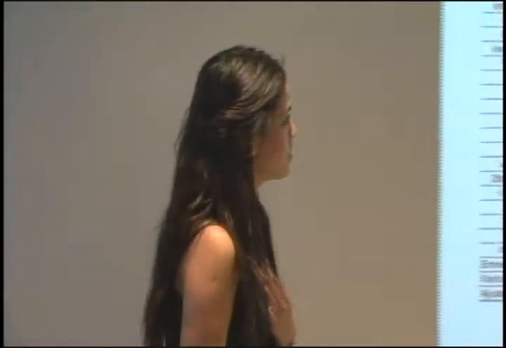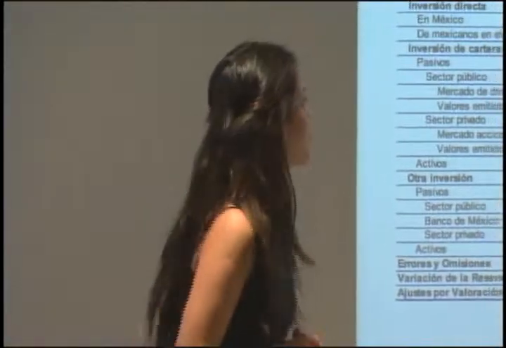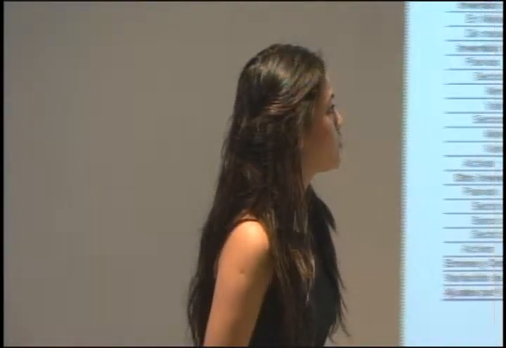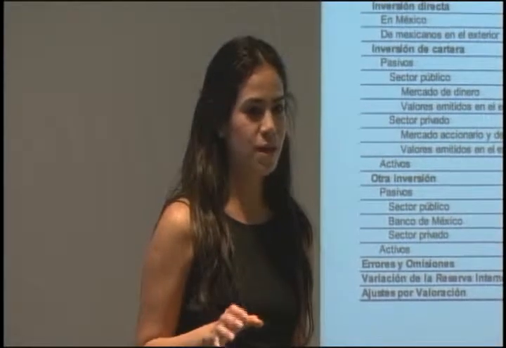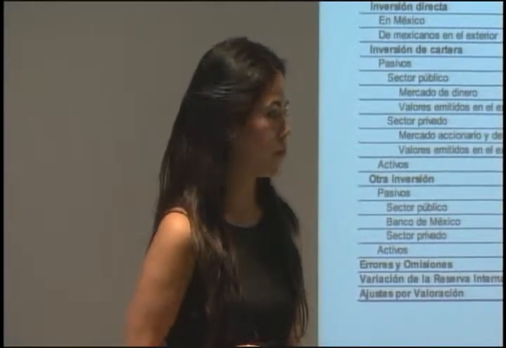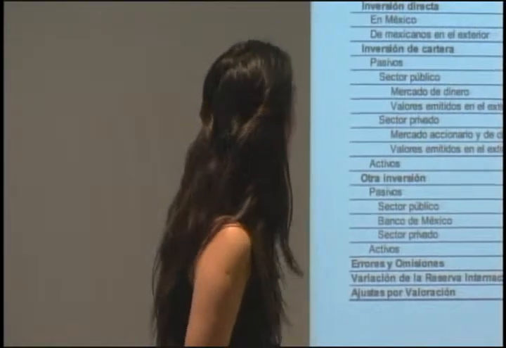The reason for this I will explain later, but basically it's because we have more imports than exports, and also because the Mexican economy depends a lot on the remittances, which I would say is not good.